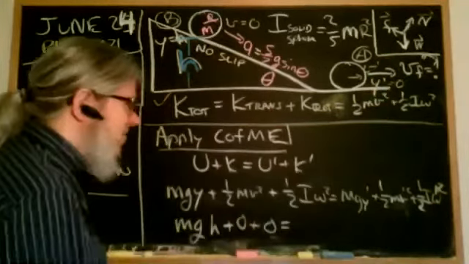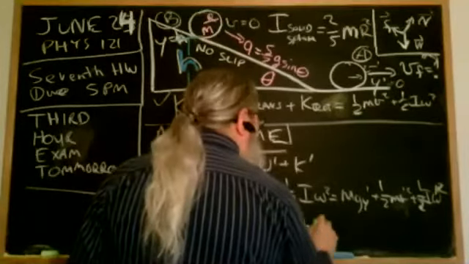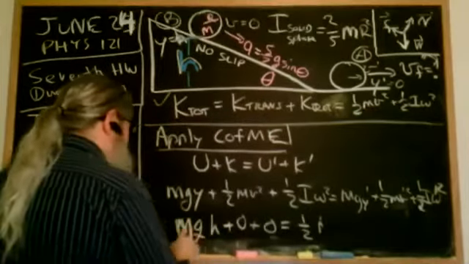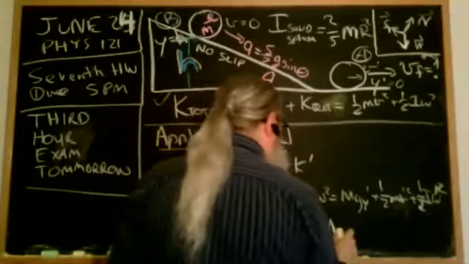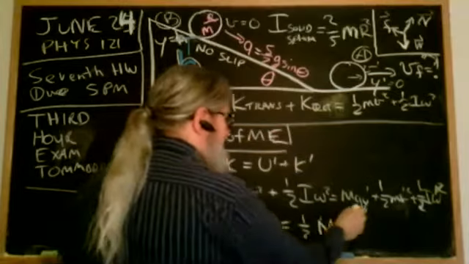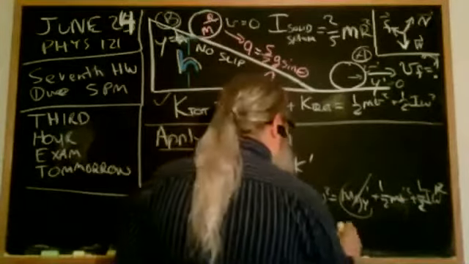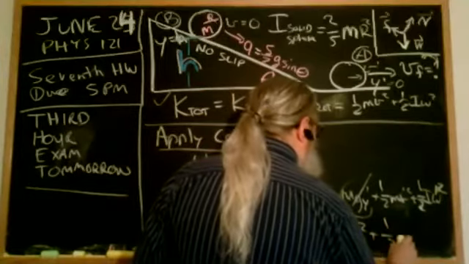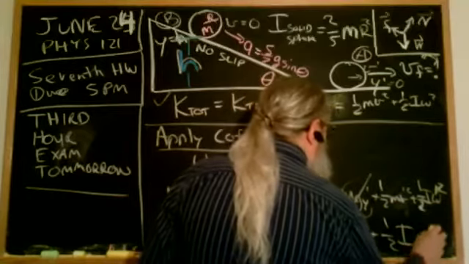v prime is just v final. This will be 1/2 times big M, because I said that's the mass. mgy prime is 0, so this is equal to 1/2 M v final squared plus 1/2 I, which we have, times omega prime squared.